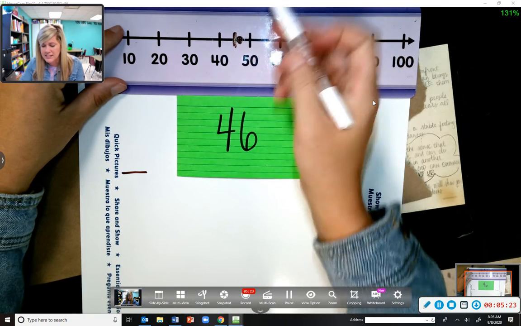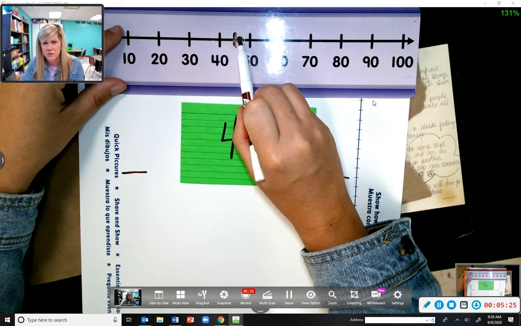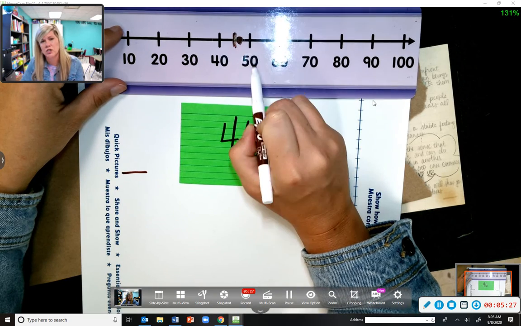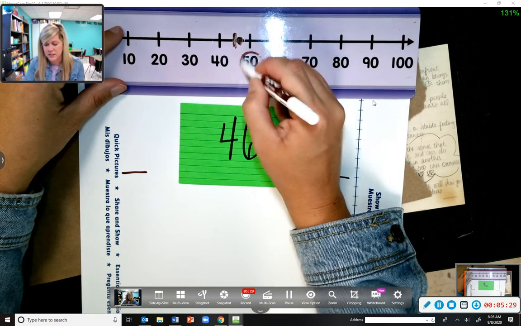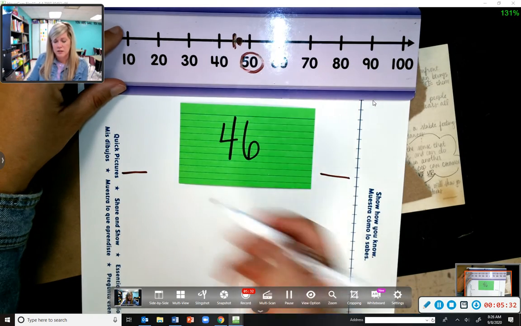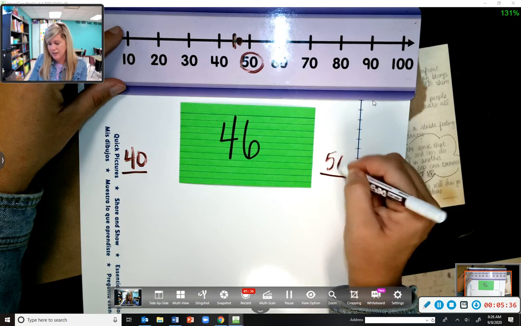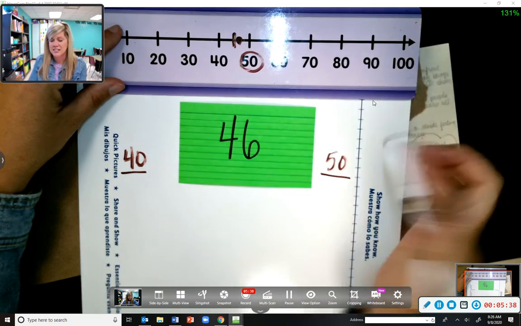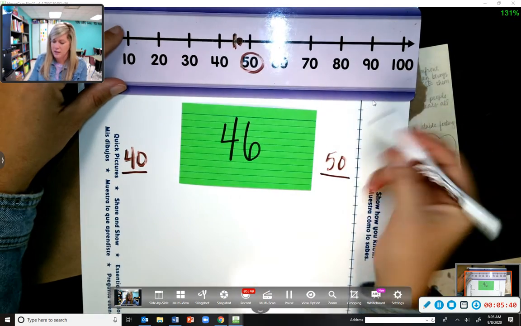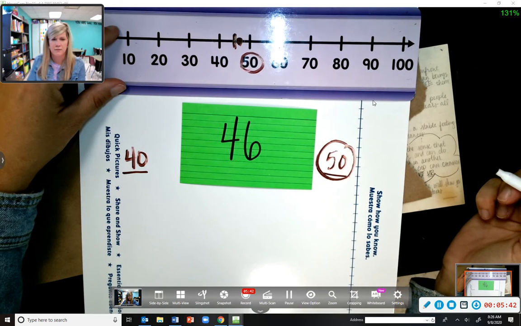Now I can easily see that this spot for 46 is closer to 50. So it's between 40 and 50, and since it's closer to 50, it rounds to 50.